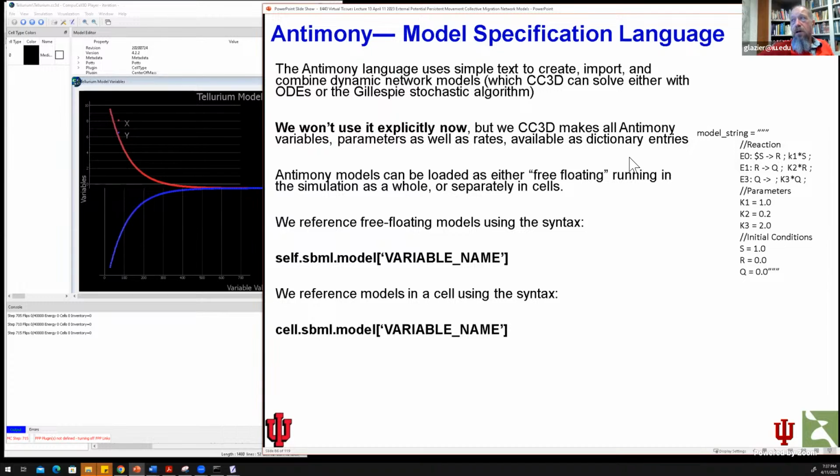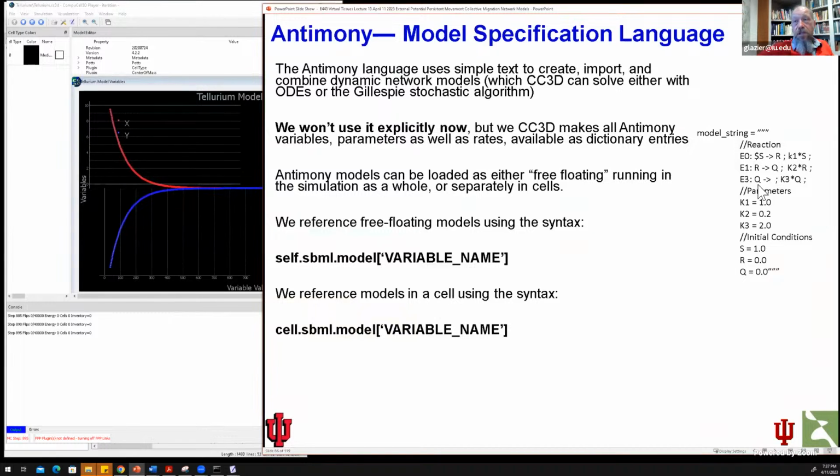First, it's important to know that all antimony variables, parameters, and rates are available as dictionary entries. Antimony models can be loaded either as free-floating, which runs in the simulation as a whole, or separately in cells. And we can reference any variable.